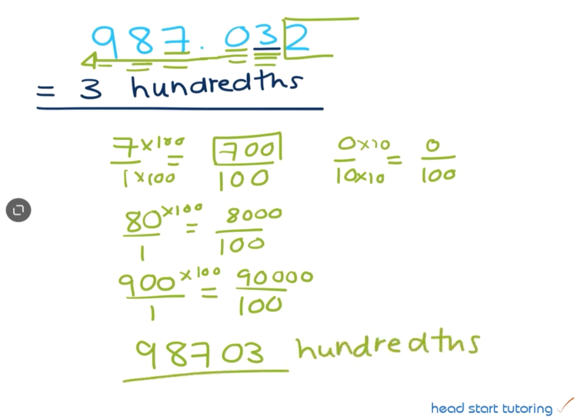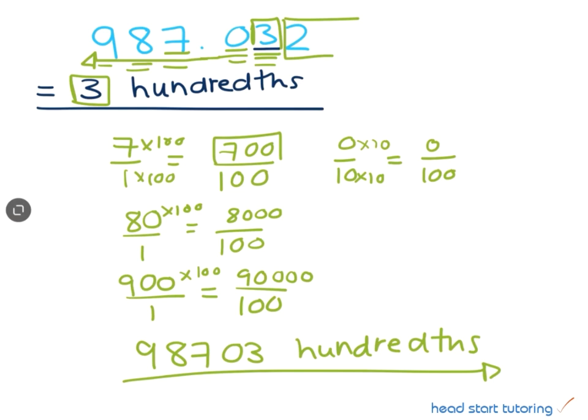And you can see that that number is much bigger than our 3 hundredths there. So obviously, if we are asked what is the value of my 3 in this number, your answer is the value of the 3 is 3 hundredths, and that is because it is the second decimal place.